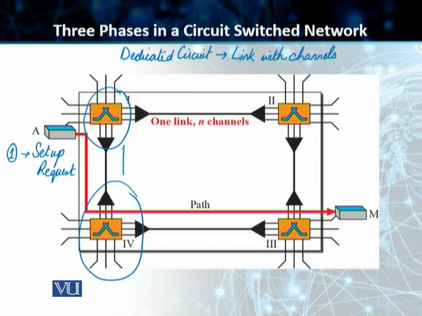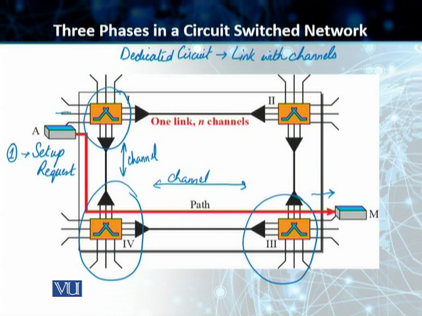So switch 1 finds a channel here. Students, switch 4 will find a channel between itself and switch number 3. And then in the end, switch 3 will inform system M.